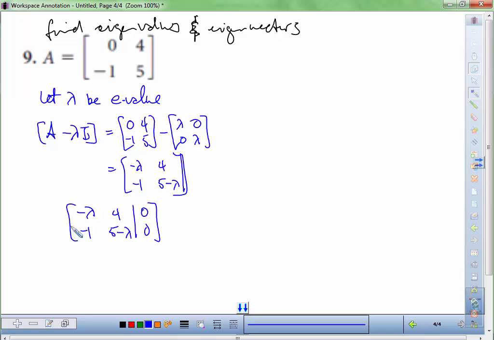I want the inverse of this, don't I? I suppose you can. You'll have some weird stuff happening. I think it's more convenient if we row reduce this. I mean, if we take the inverse of this.